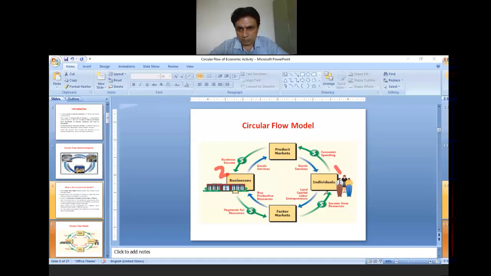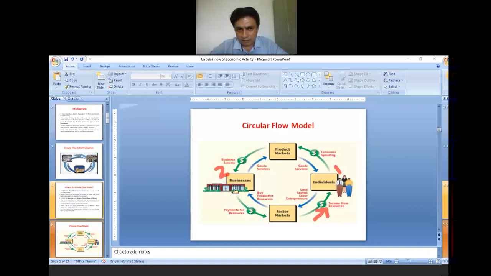You can see from the diagram that the direction is very important, because from the factor market, the income from resources is going to the individual.